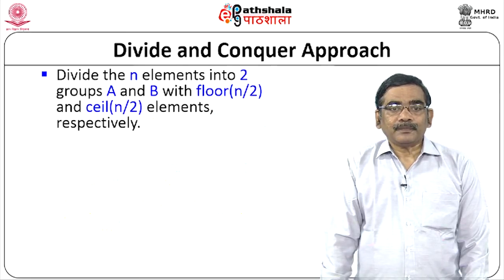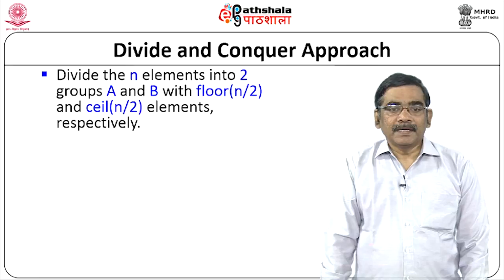So, the formal algorithm is going to be something like this. Try to divide the n elements into groups A and B, with floor n by 2 and ceil n by 2 elements respectively. This is required in case the array consists of an odd number of elements.